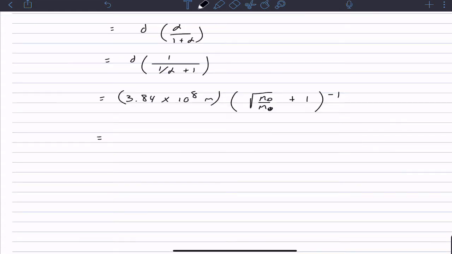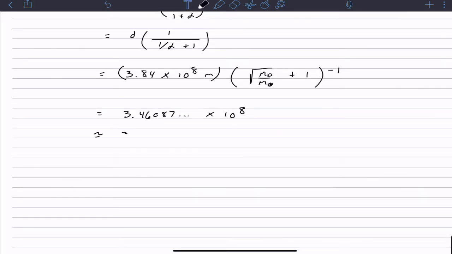Okay, so I came out with 3.46087, more digits down here, times 10 to the 8, or approximately equal to 3.46 times 10 to the 8. Exactly, pretty much what's written.